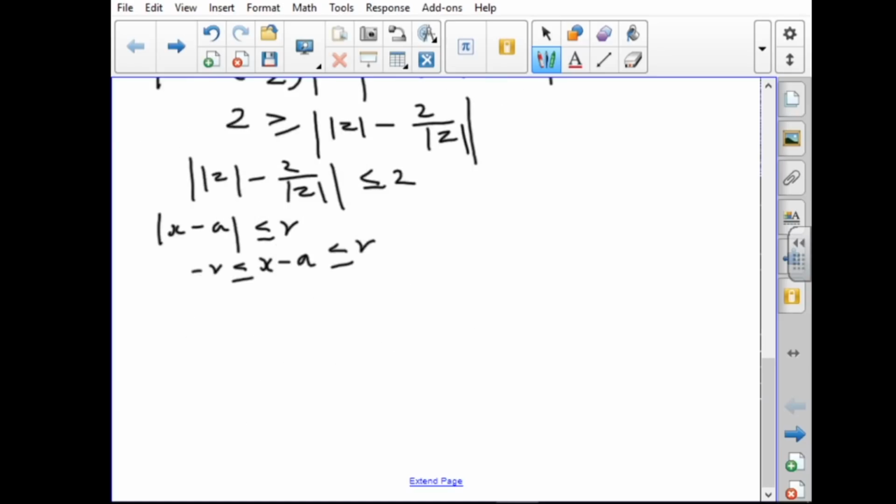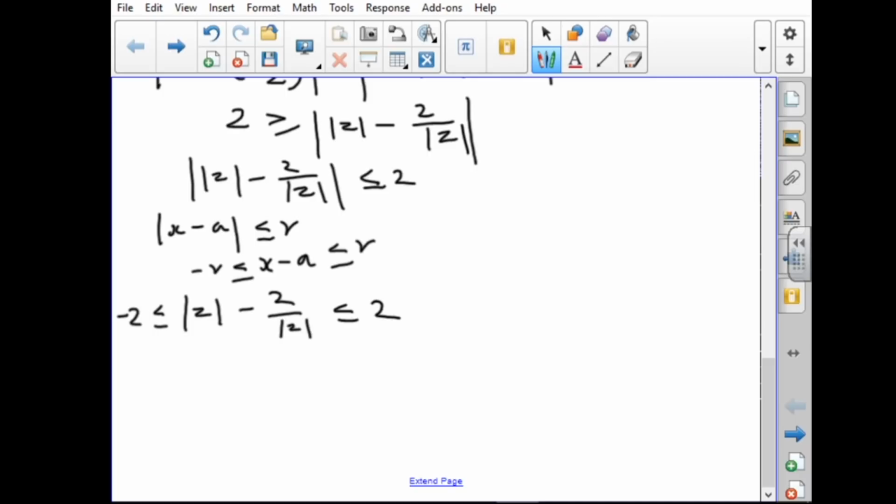This you have studied in your plus 1. So, this result can be written as minus 2 is less than or equal to modulus of z minus 2 by modulus of z less than or equal to 2.